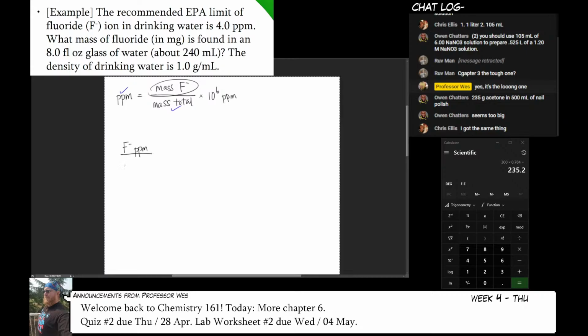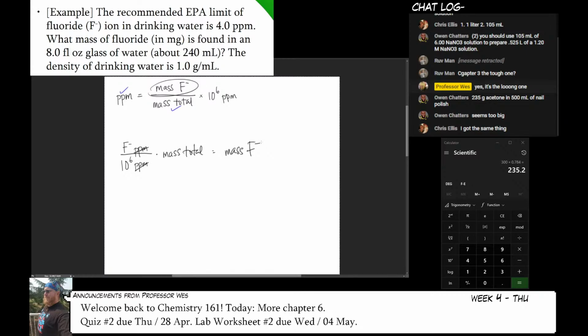I'm so frustrated by Photoshop right now. Let's see here. Divided by 10 to the 6 parts per million. All right, so there's our mass of fluoride.